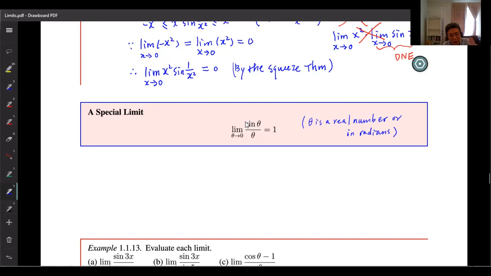If you take the ratio, it actually equals 1. This formula justifies why radian mode is much more convenient than degree mode in math, especially in calculus. You can see this formula is very neat, right? If you use degree mode, you will not expect 1. You will expect something else.